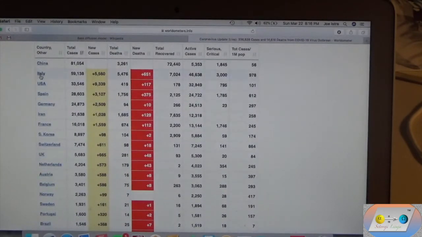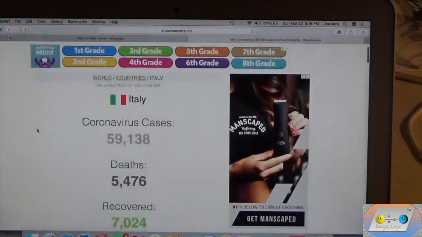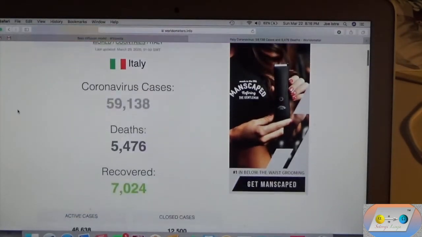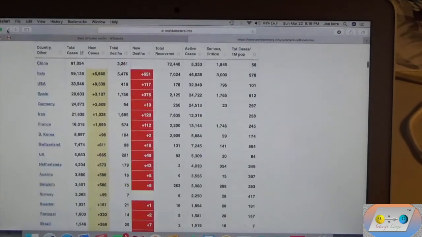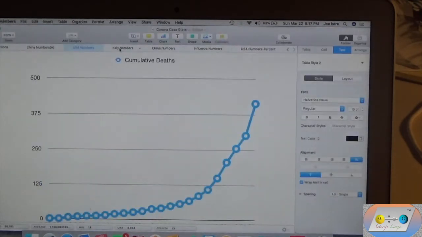Okay, so Italy and China, I did similar analysis for those so we can dig into the stats. There's Italy, 5.4K dead and 59K infections. So you already saw China. So I put all these in a spreadsheet. So here are the Italy numbers here.